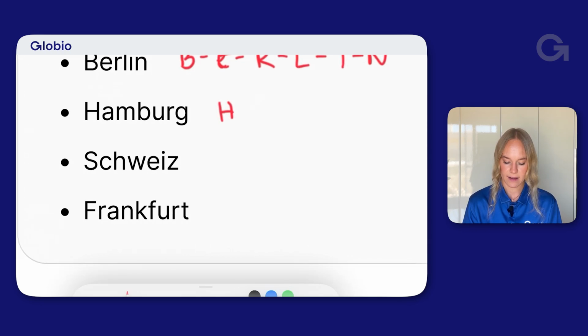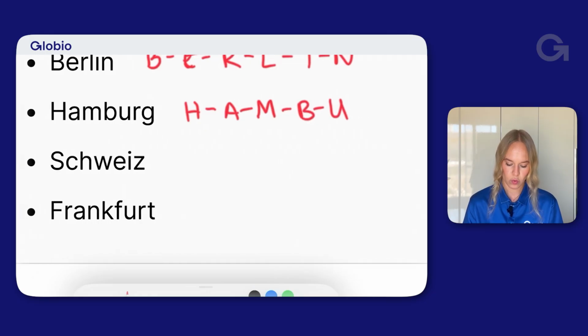Or another city, Hamburg. It's H, A, M, B, U, R, G. And now two more, like another country, Switzerland, Schweiz.